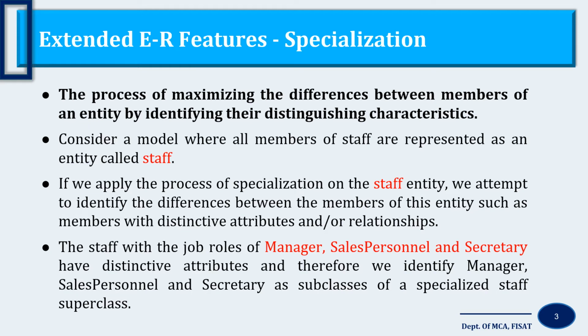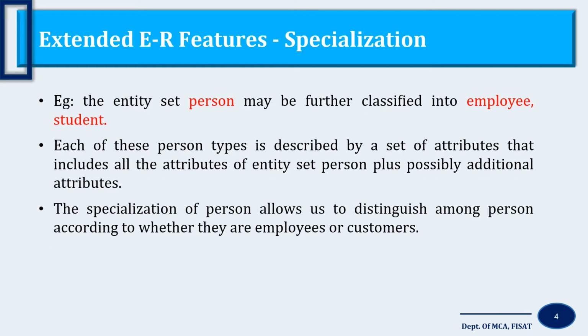So we are maximizing the differences between the members of the entity itself. That means we are specializing from the top: from the superclass, we identify the subclasses. The staff with the job roles of manager, sales personnel, and secretary have their own distinctive attributes, and therefore we identify manager, sales personnel, and secretary as the subclasses of the specialized staff superclass. Another example: the entity set person may be further classified into employee and student.